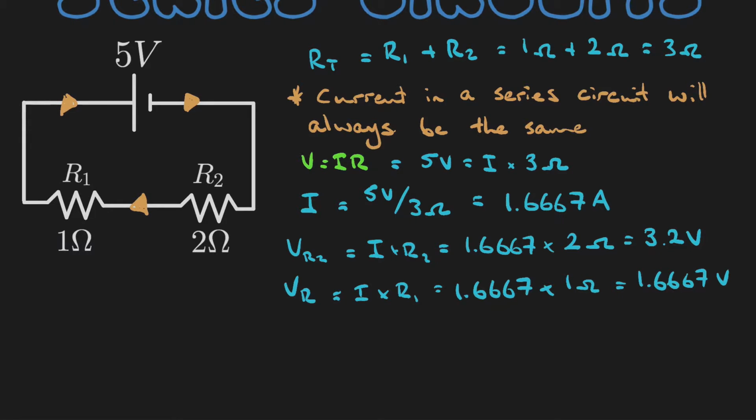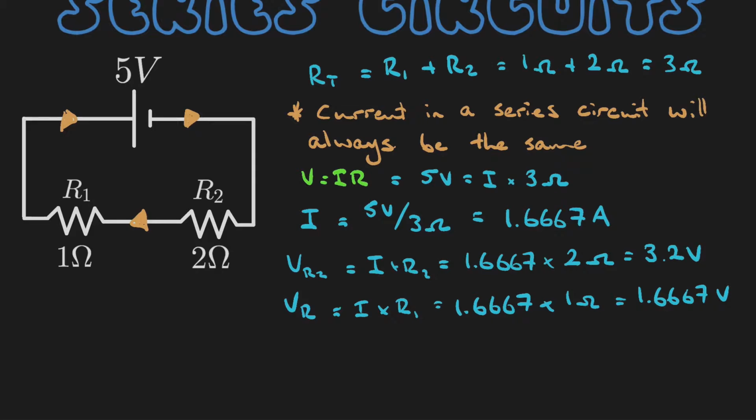Now we know this can be true because in a series circuit, the sum of all the voltages should equal 5 volts. Now I've approximated this voltage here, so realistically it'd be more like 3.333. So if we go Vt equals the sum of VR1 plus VR2, we should get 5 volts, right?